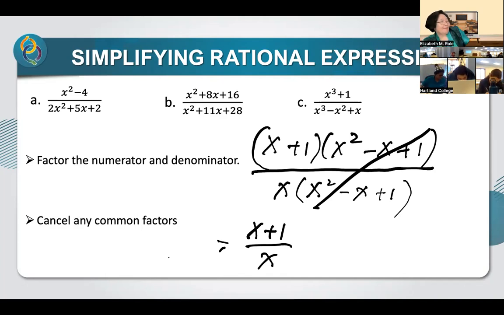Good. All right. So we'll just do more practice of factoring.